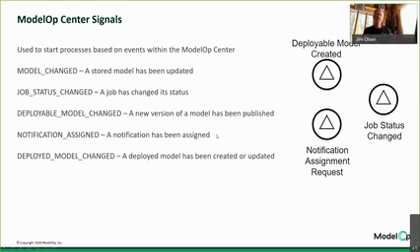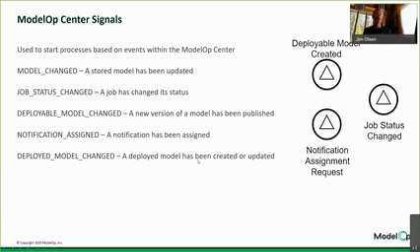It's a very common one to utilize within your model lifecycle. Another one is a notification is assigned, or something has occurred within one of the processes, within one of the models or the tests or that kind of thing. So once an assignment request has been put out to it, we'll get a notification that has heard. So we'll get that signal to start, as well as a deployed model has been created or updated.